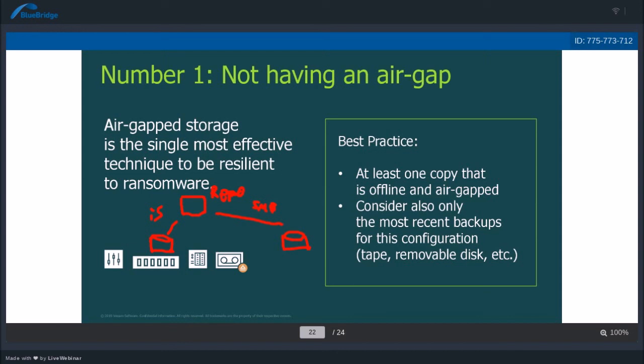Now, to make this very simple scenario safer, what you can do is create a Veeam repository for each and attach those storages to separate repositories. That way, the communication happens over the Veeam transport protocol. And finding ransomware or malware which specifically targets Veeam protocols used for transferring data is not so simple.